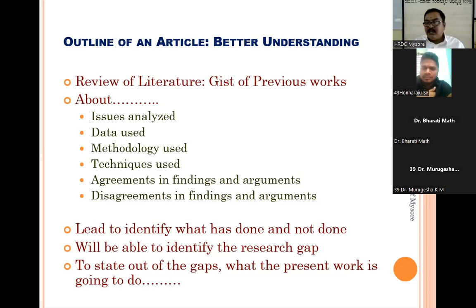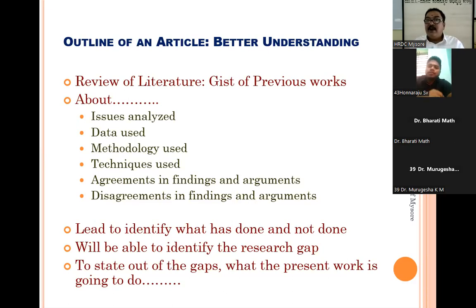So disagreements and agreements you identify separately. So once you have done all these things, you will be able to identify what has been done in the previous work and what has not been done. You will be able to identify the research gap, what you can do, and you can state out the gaps, what the present study is going to do.